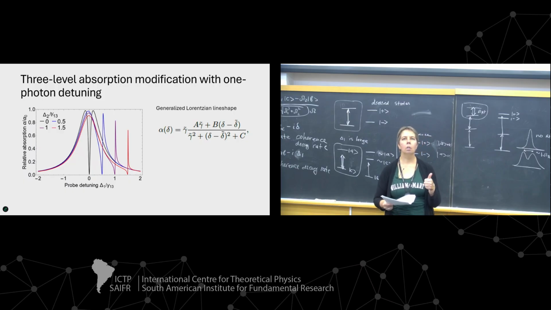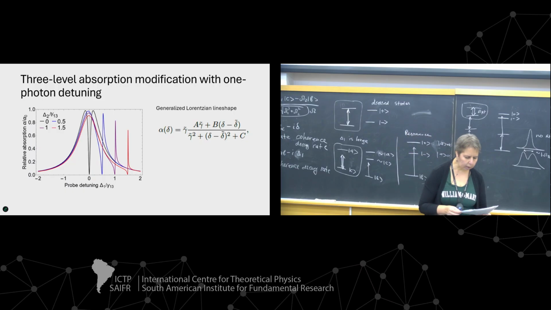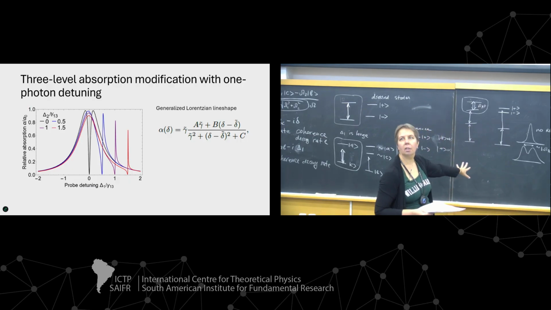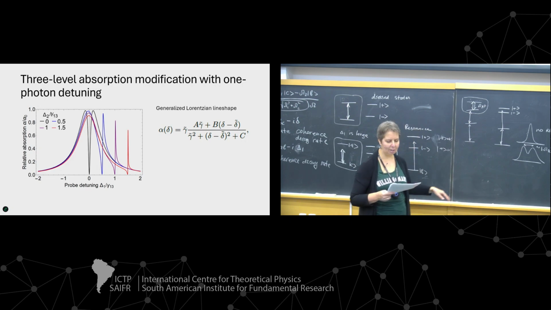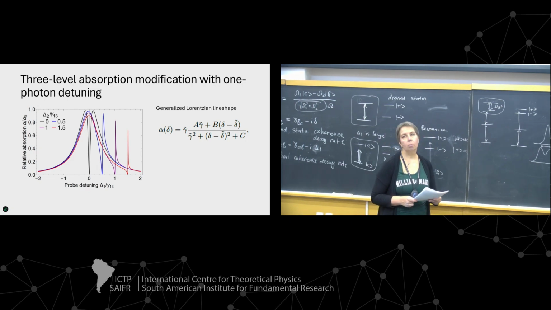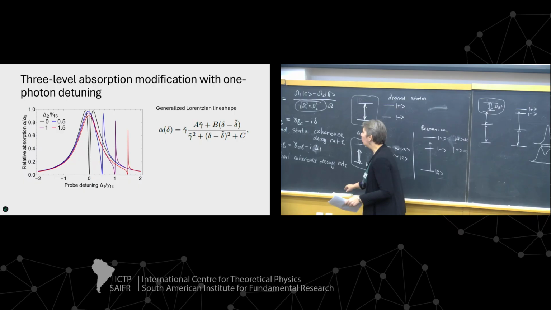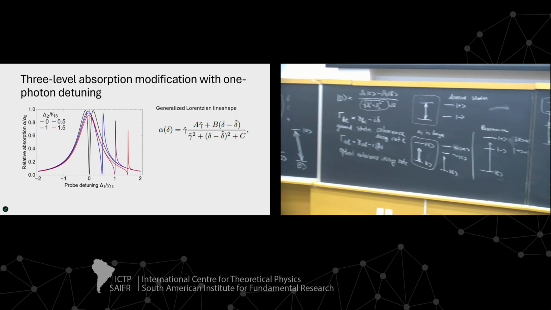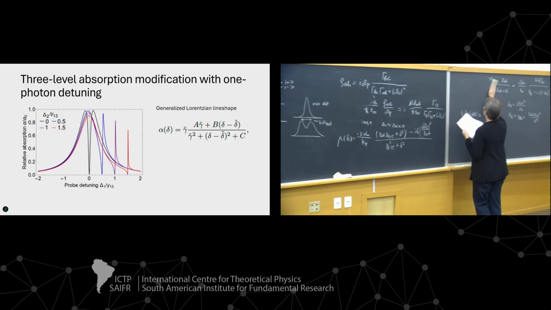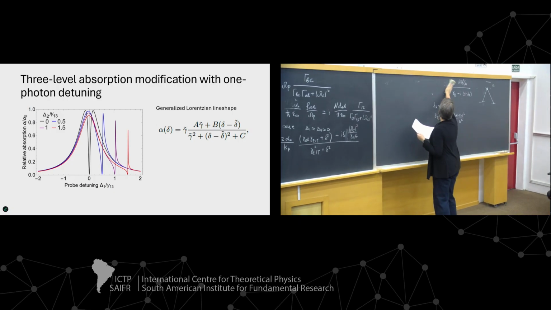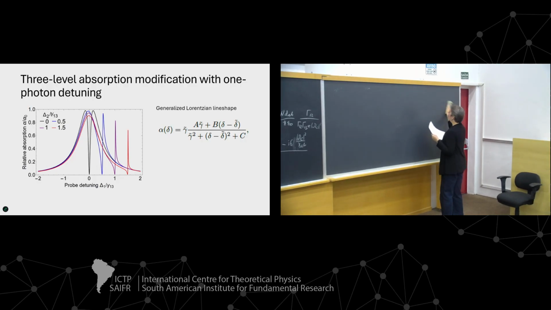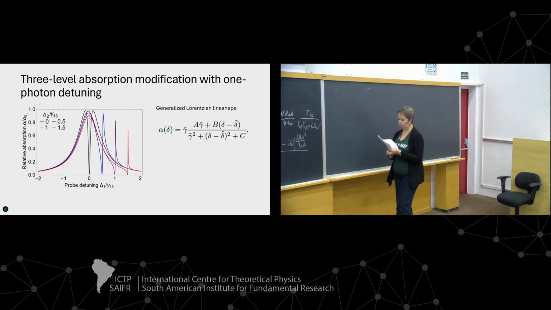All good? All right, so now let's talk a little bit about hot atoms. Everything I said so far can work for everything. Now, as we expect, if the atoms start moving around, we're going to have the same issue as before: different atoms moving with different velocities are going to see different resonance frequencies.